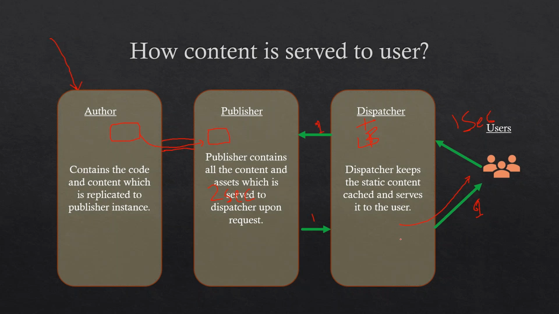In case only dispatcher is involved and not processing anything, dispatcher has only cache. So even if it takes 2 seconds to find the cache and give it to you, 1, 2, 3, 4, it's only taking 4 seconds. So it's faster. That's why we use dispatcher for caching and other things.